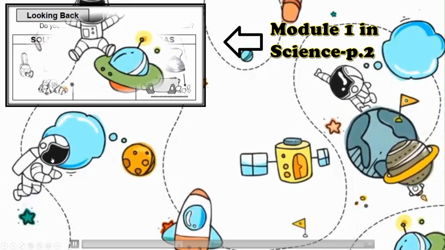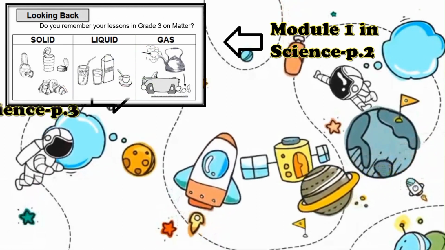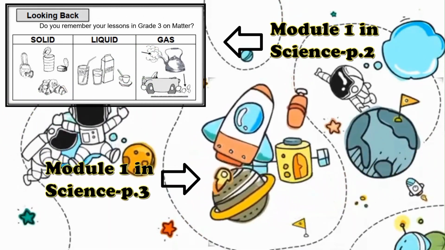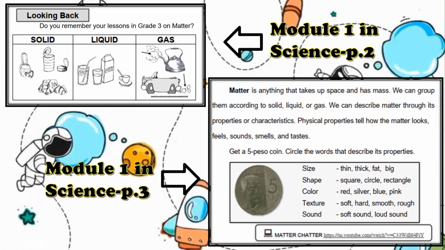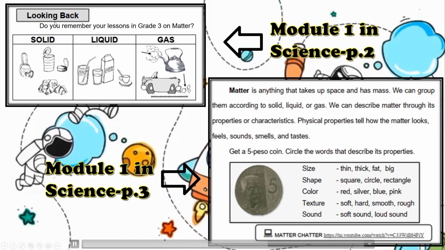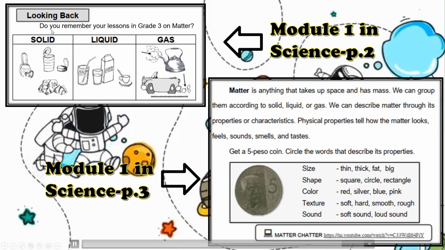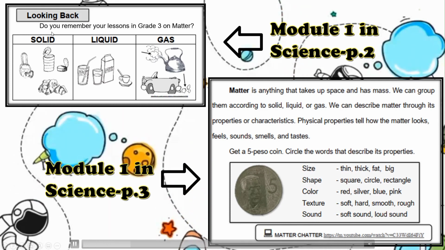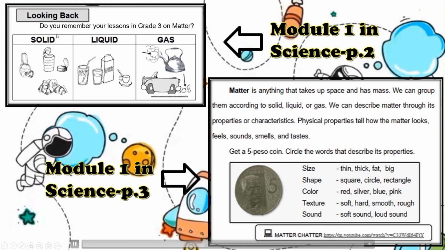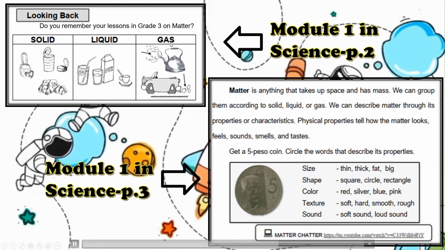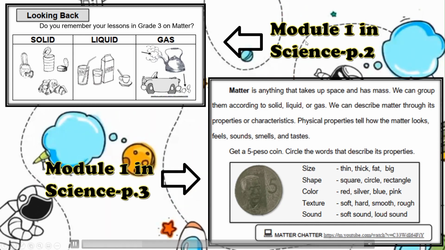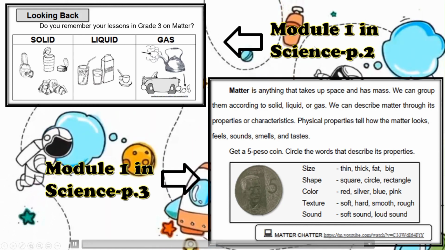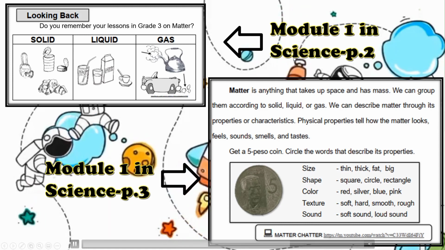Also, on page 2 of your module, at the bottom part and on the next page, which is page 3, you will find the Looking Back part, wherein this section will measure what learnings and skills you understood from your previous lessons. Since it is our first module in grade 4, we will recall your lesson in science grade 3.